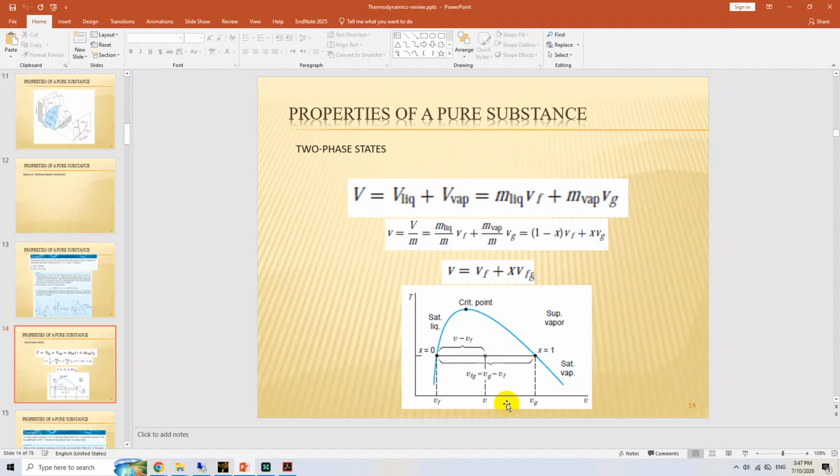If we want to determine the specific volume, we divide volume by mass.